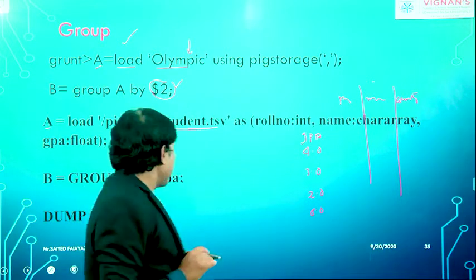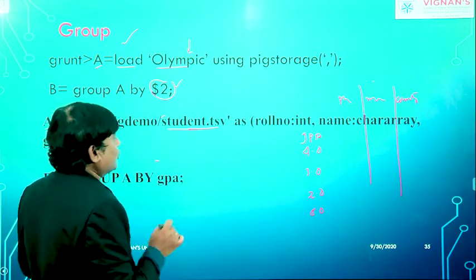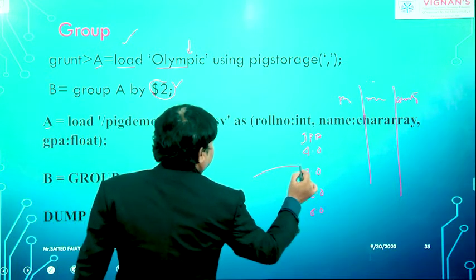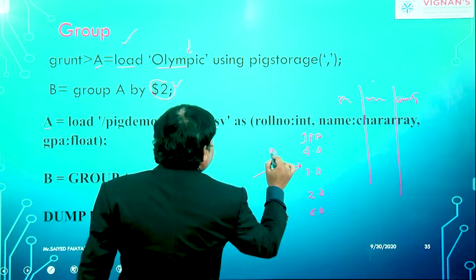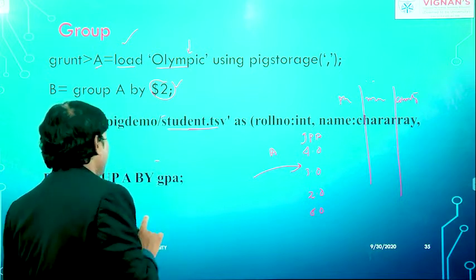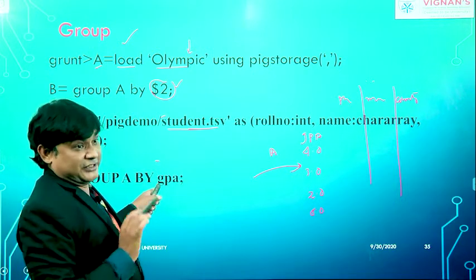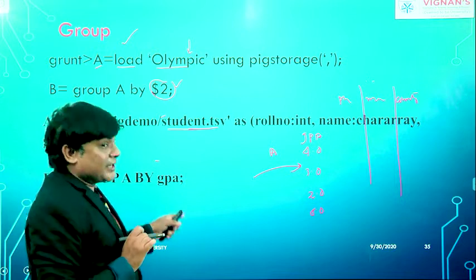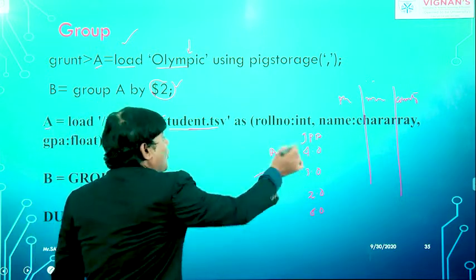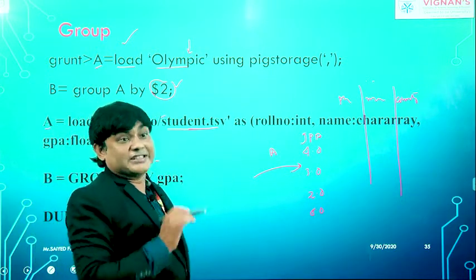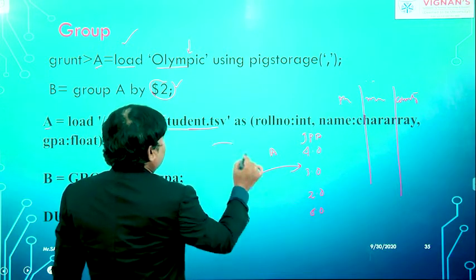I'm going to apply this group on relation A and display the result based on the GPA. It means I'm going to select those students who got 4.0 as a GPA. They will be one group.